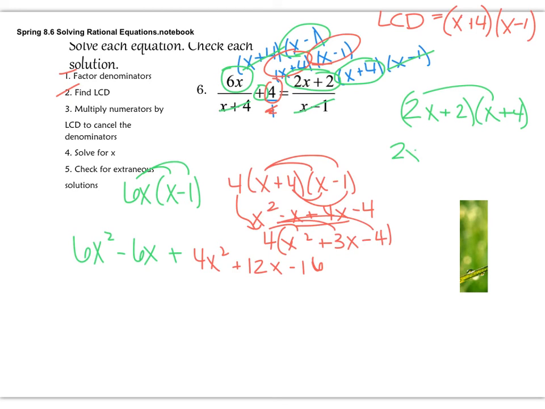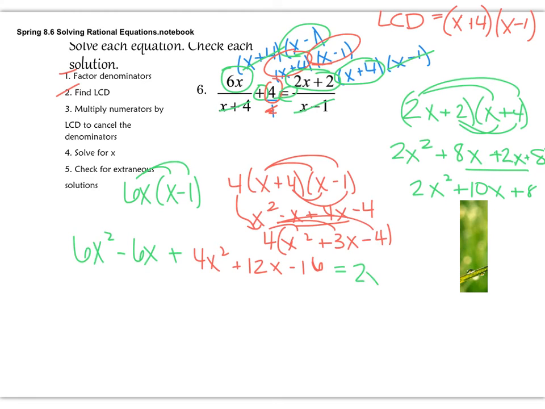So we have 2x squared plus 8x plus 2x plus 8. In like terms, 2x squared plus 10x plus 8. So that's what goes down here. And that was after my equal sign. So 2x squared plus 10x plus 8.